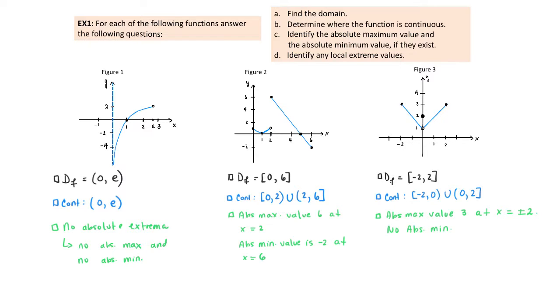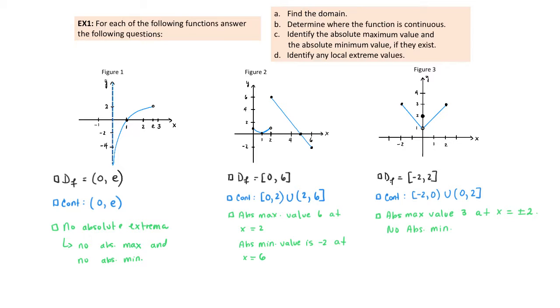So we are going to be avoiding any values of x that are not part of the domain that we already specified here, here, and here. Again, Fermat's theorem said that if a function has a local max or a local min at a value of x, then x must be a critical point.